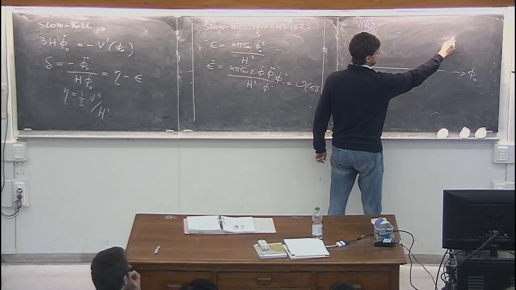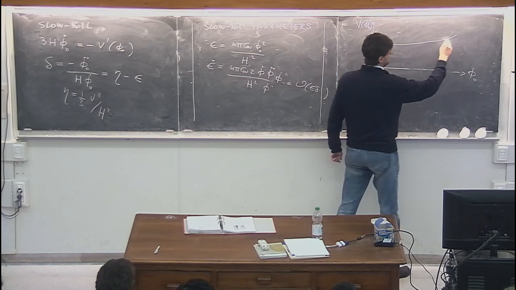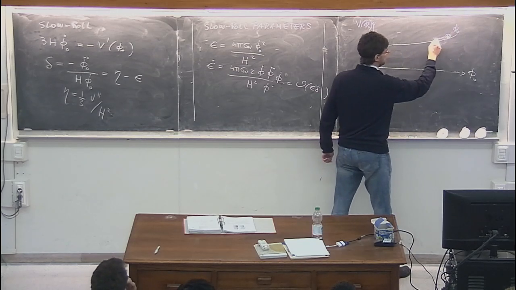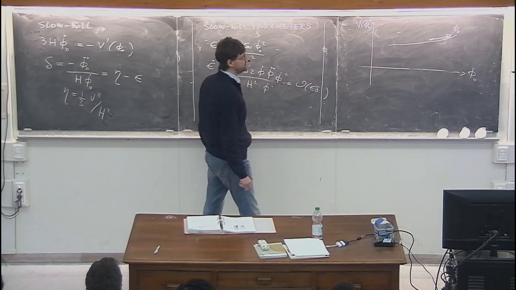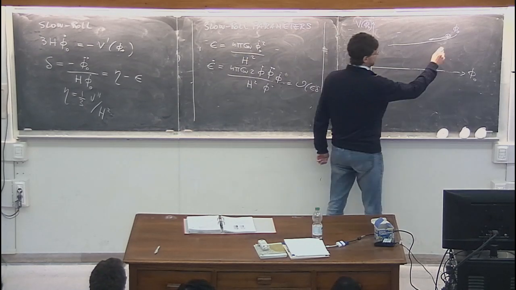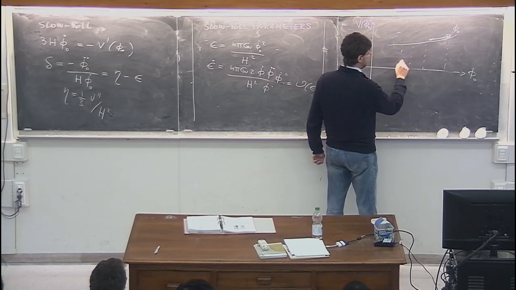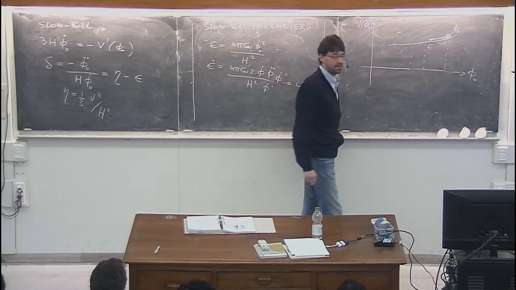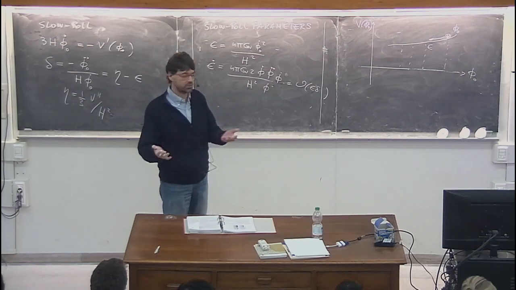I have a potential which is extremely flat. So here I have my scalar field, which is slowly rolling down towards, let's say, a minimum of its potential. So inflation is taking place. So at any time, let's say the inflaton field is here, is there. At any time, I can compute my epsilon parameter and check if my epsilon parameter is smaller or larger than 1. If it is larger than 1, inflation is over.